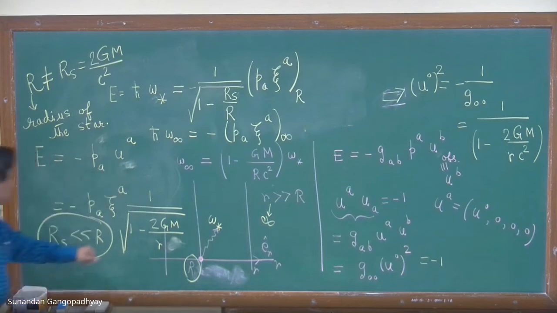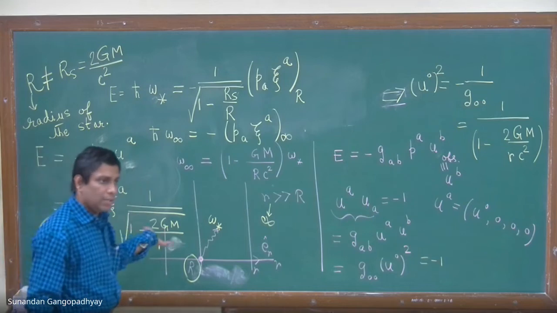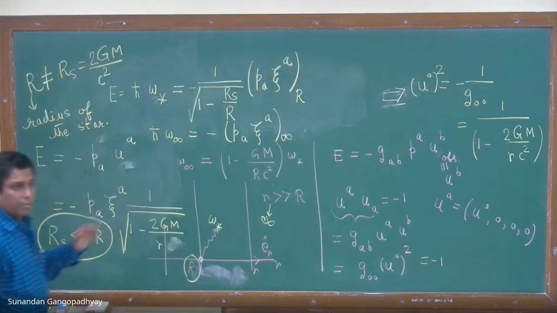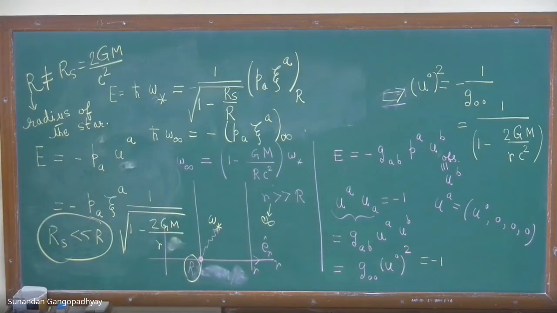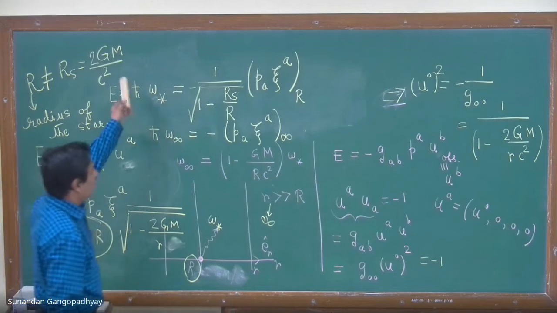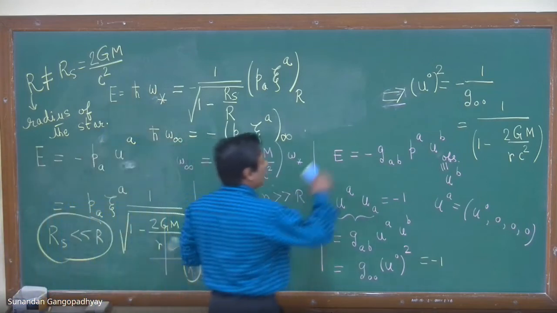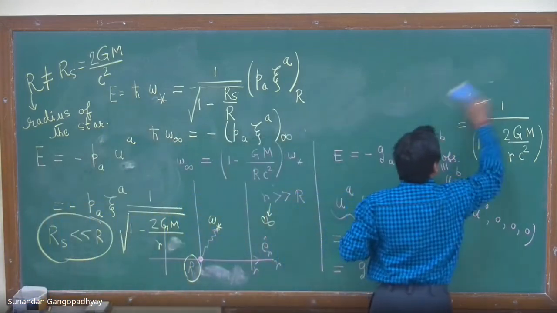But the radius of this white dwarf, suppose this is a white dwarf, is 1000 kilometers. So it is much smaller. So just make that correction, this is not equal to 2GM. Okay. So if this part is clear, now we shall make an input.